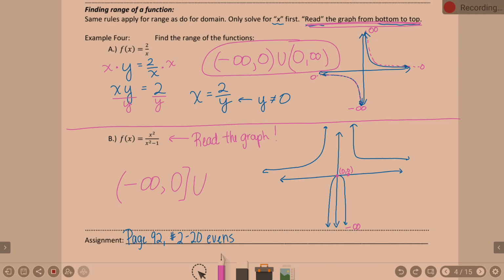Where does my graph pick up? One. He's squinting at the graph and suggesting 1. I agree.